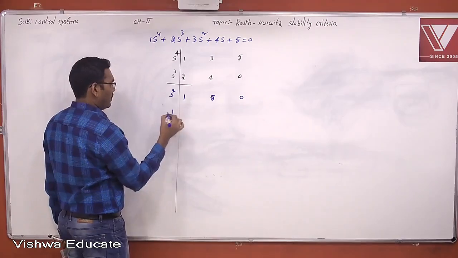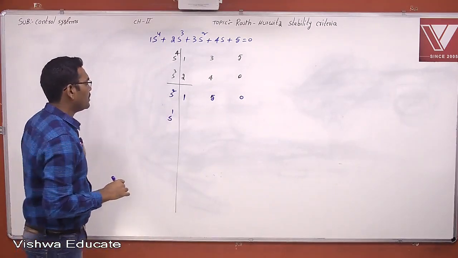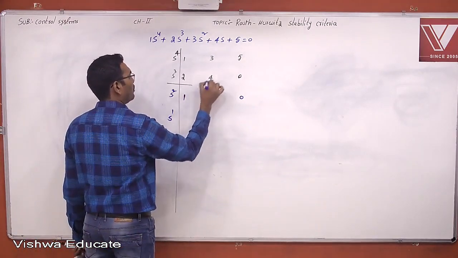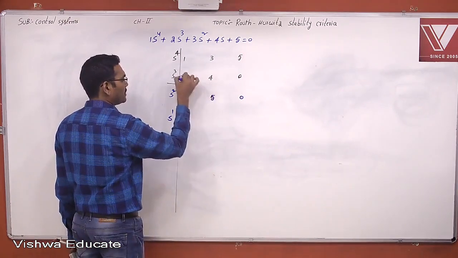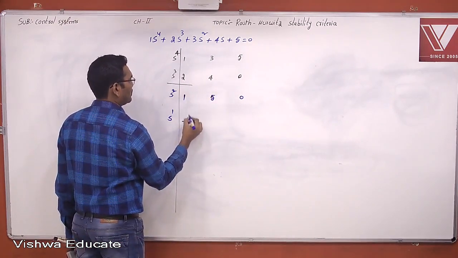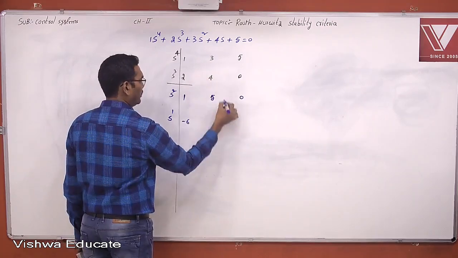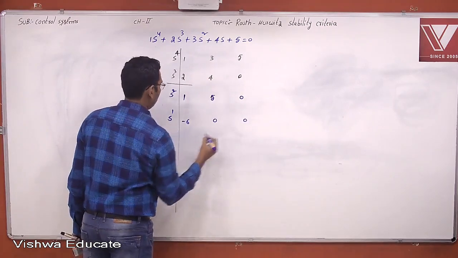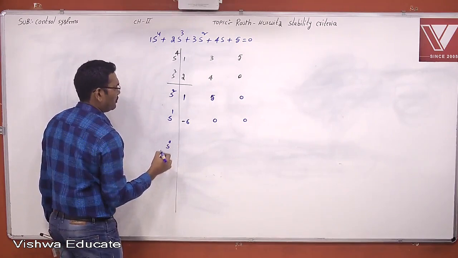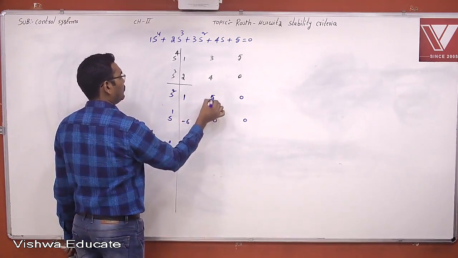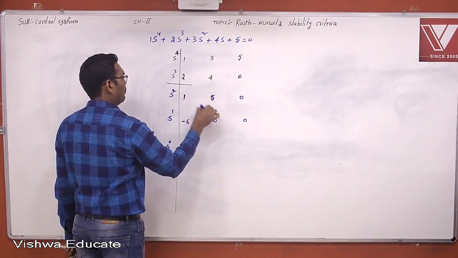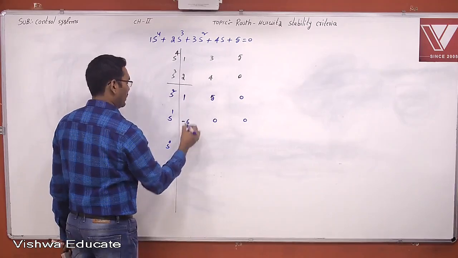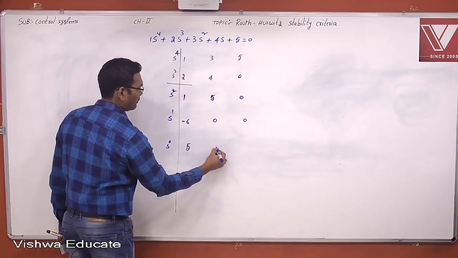Now s power 1: 1 into 4, 4, 4 minus 10, minus 6. 1 into 0, 0, 2 into 0, 0, 0. S power 0: minus 6 into 5, minus 30, minus 0, minus 30 by minus 6, 5.